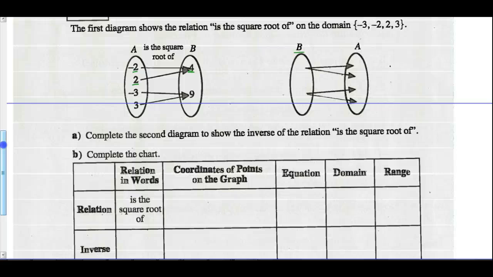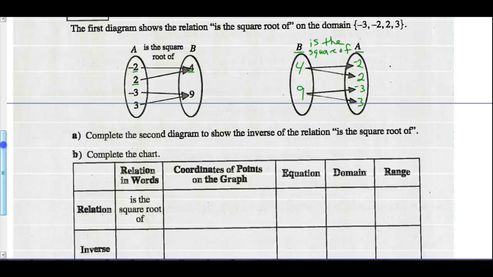So we're going to say B is the square of A. So 4 is the square of -2 and +2. 9 is the square of -3 and +3. So the inverse interchanges the x and y coordinates and undoes the original function.